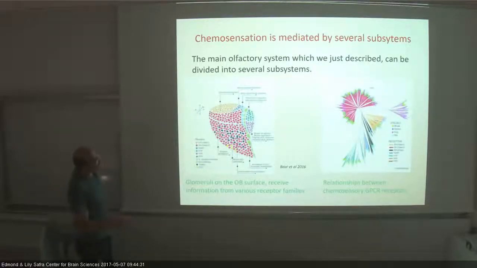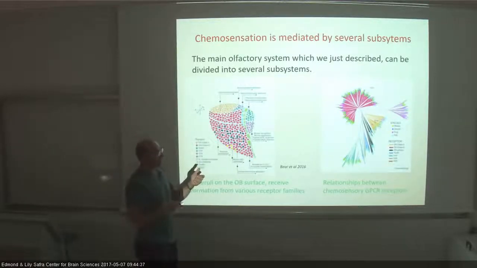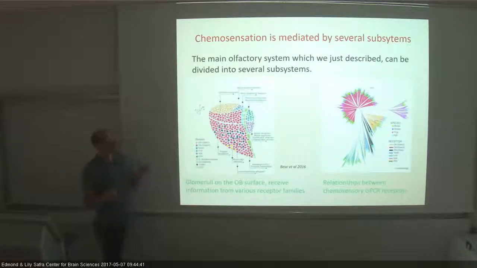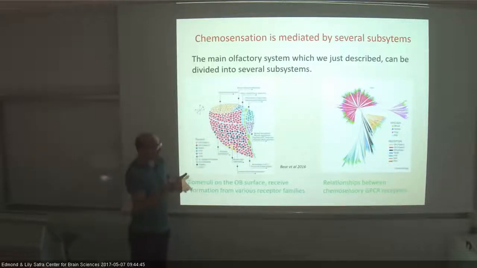Again, the details are not important, but this is the genetic relationship between the different receptors, which are almost all of them, not all of them, but almost all of them G protein coupled receptors, and they have different sequences, of course, and some of them are more similar to each other, and some are less similar, and this is just a tree that shows the relationships between them.